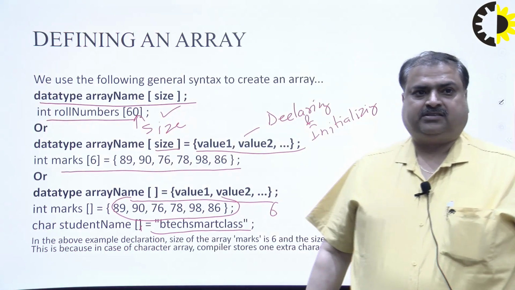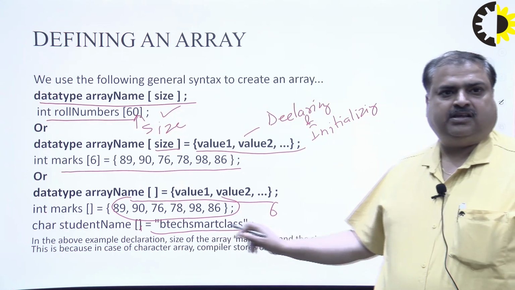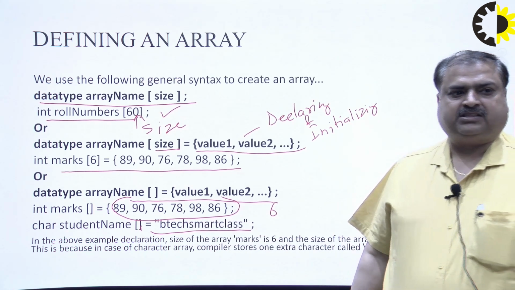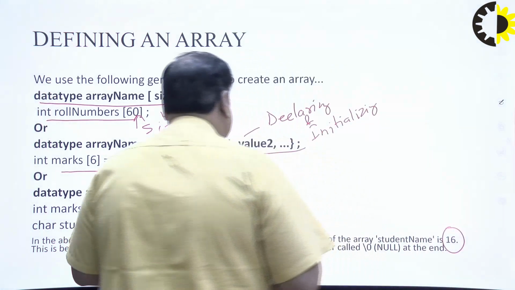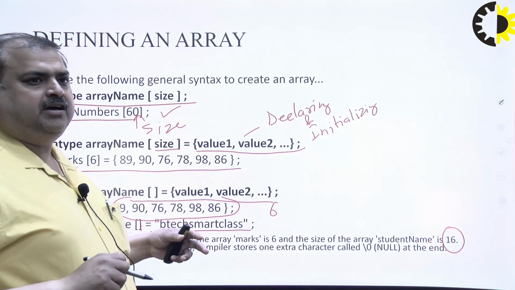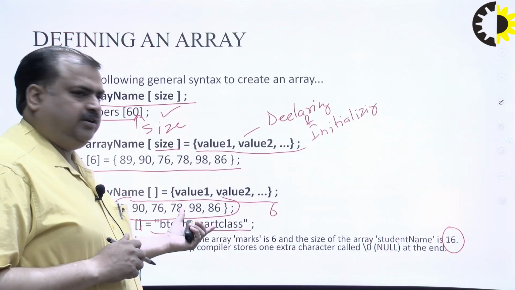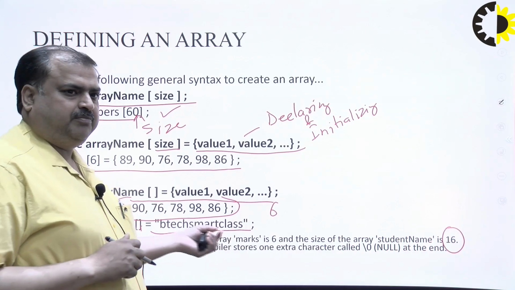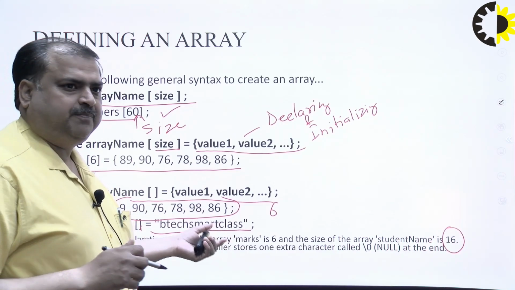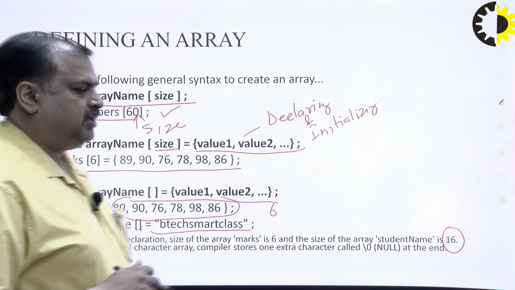In that case, the length of this string is 15, but the size will become 16, because every string contains a null character as a terminator at the end. So, 15 characters and one character as a terminator will decide the size of the array. So, the student name size will become 16.